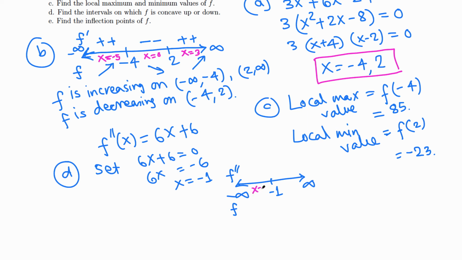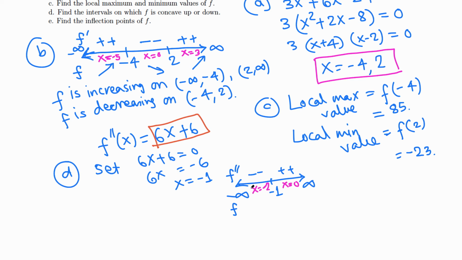Negative 1 means negative 2, and let's take 0. Plug those numbers into the second derivative. I just need the sign, plus or minus. If we plug in 0, it's going to be plus. If I take negative 2, 6 times negative 2 is negative 12, plus 6, that's a negative number.